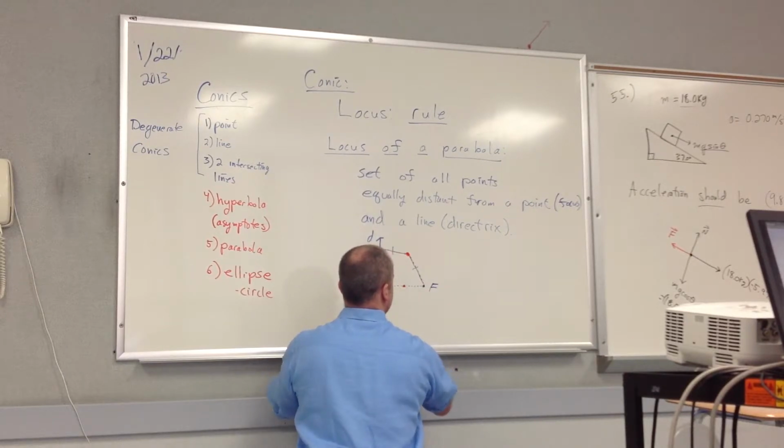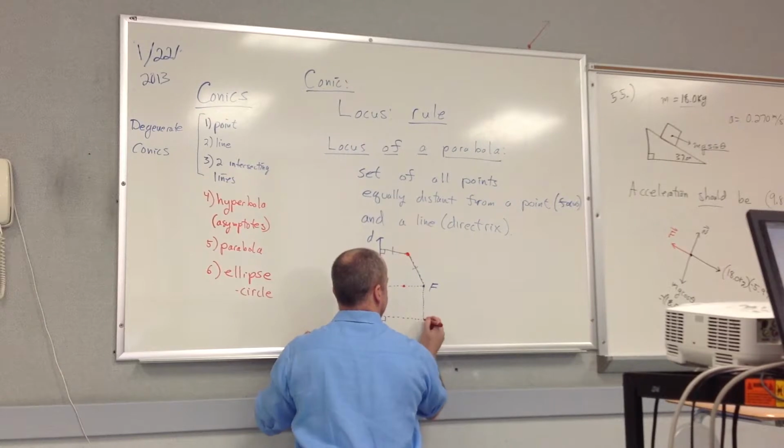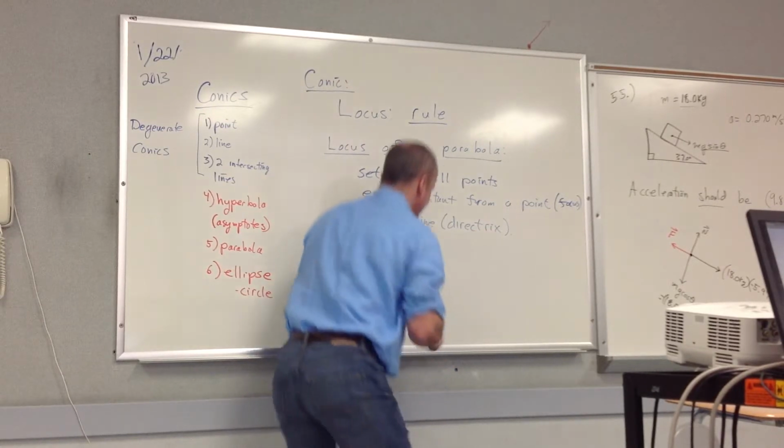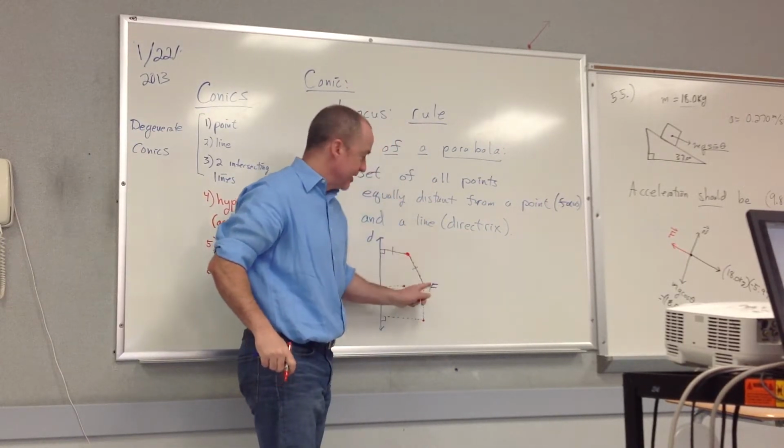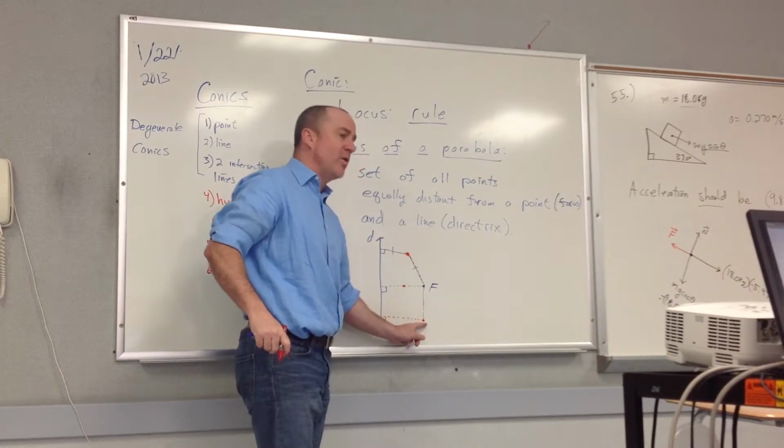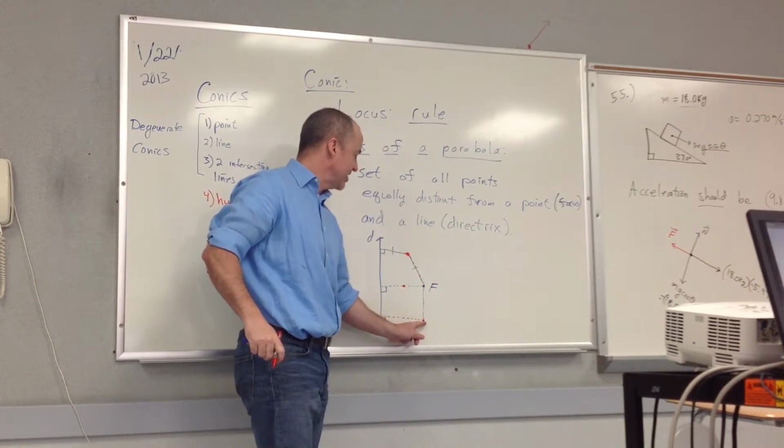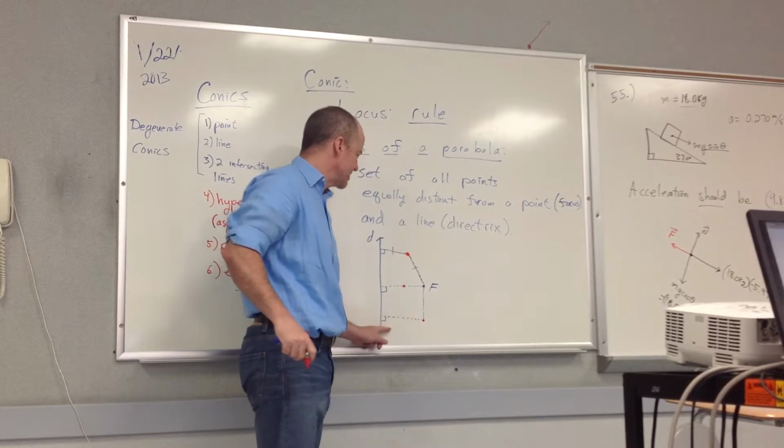Now, there has to be some point. If I keep going in this direction, straight parallel to the directrix, at some point I'm going to be as far from the focus as I am from the directrix. Does that make sense? If I start walking away from this focal point, at some point I'll have walked the distance where I'll be just as far from the focus as I am from the directrix.